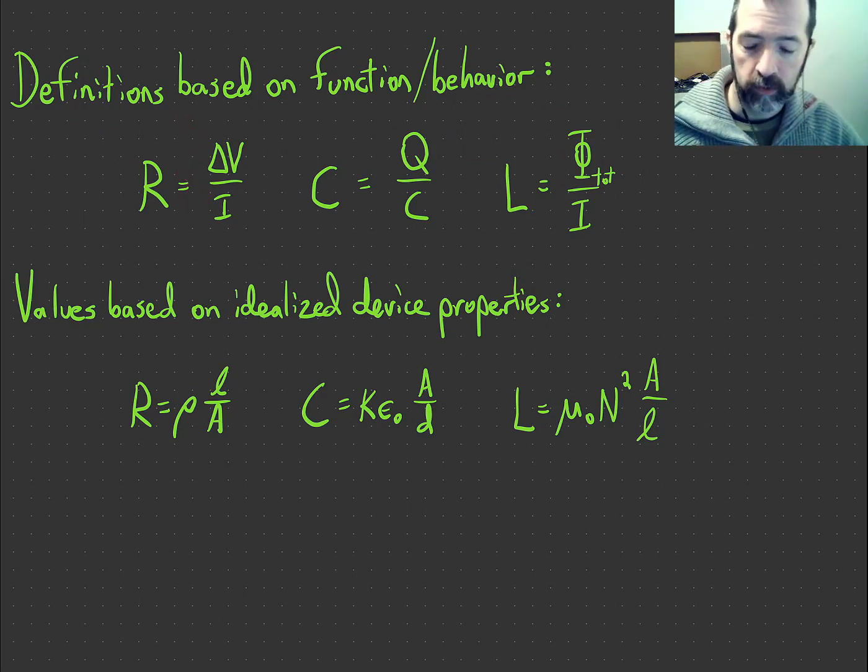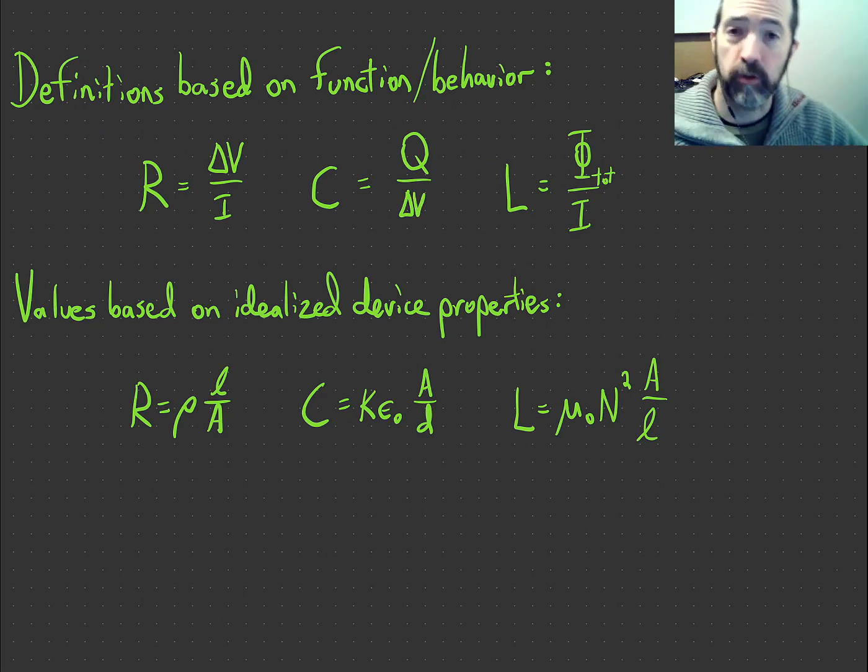Capacitance, similarly, oh, I wrote the wrong definition there. That should be Q over delta V, not Q over C. For capacitance, it is how much charge you need for a certain voltage. How many coulombs per volt.